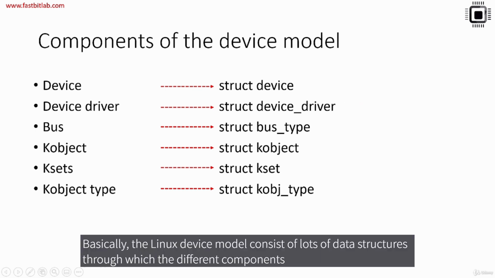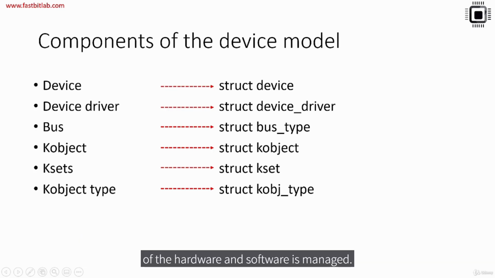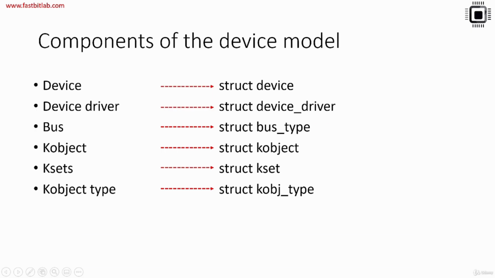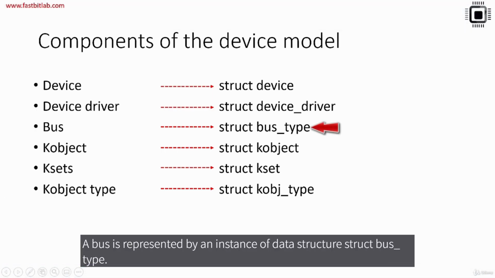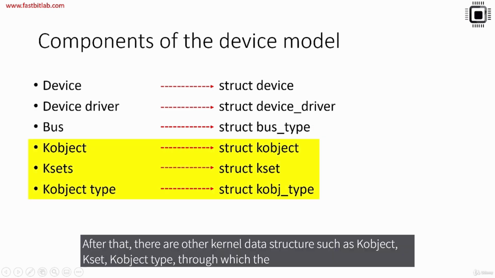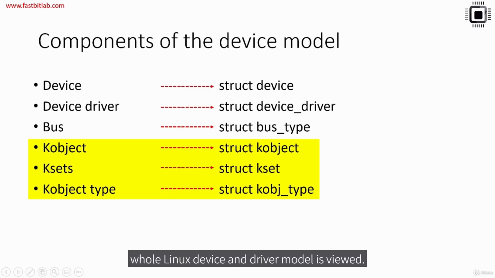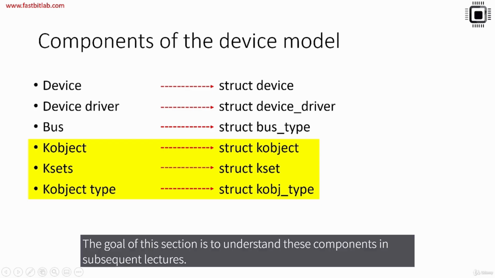Basically, the Linux device model consists of lots of data structures through which the different components of the hardware and software are managed. A bus is represented by an instance of struct bus_type. After that, there are other kernel data structures such as kobject, kset, and kobj_type through which the whole Linux device and driver model is viewed. The goal of this section is to understand these components in subsequent lectures.